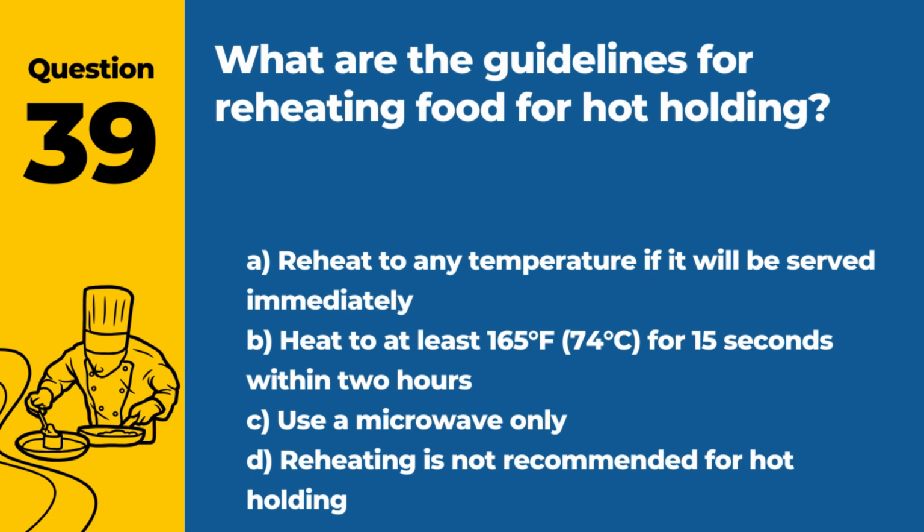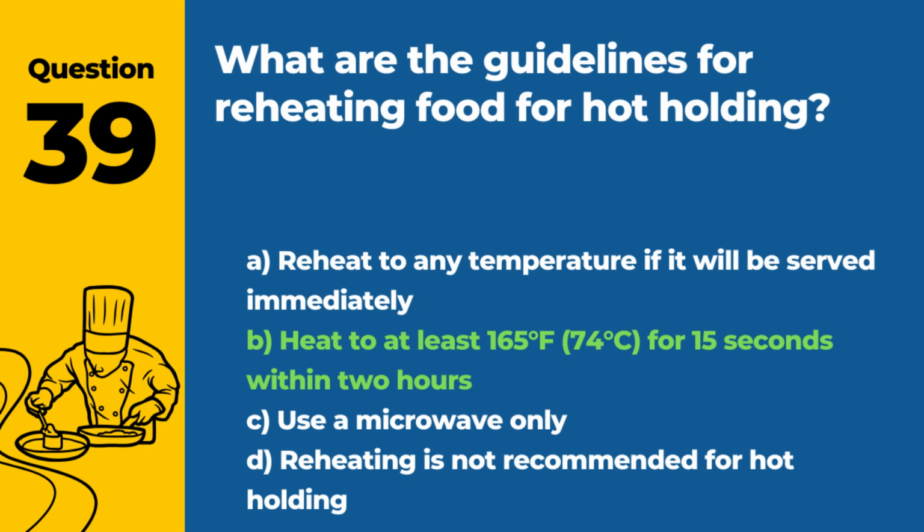Question 39. What are the guidelines for reheating food for hot holding? A. Reheat to any temperature if it will be served immediately. B. Heat to at least 165 degrees Fahrenheit, 74 degrees Celsius for 15 seconds within 2 hours. C. Use a microwave only. D. Reheating is not recommended for hot holding.